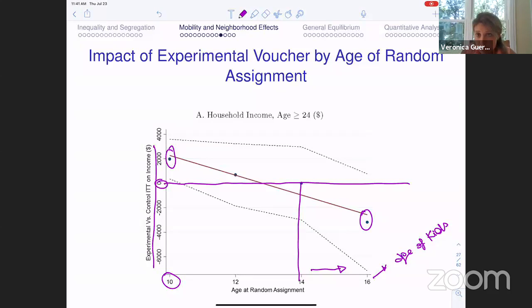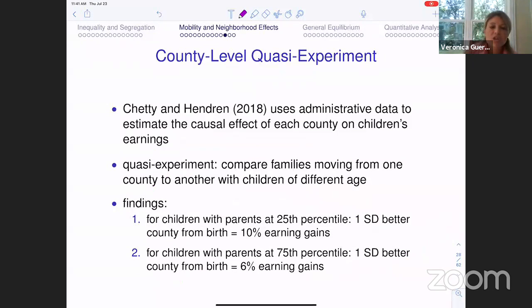So in order to have a broader, more reliable and robust measure of these neighborhood effects, what Chetty and Hendren did is run what we can call a quasi-experiment, where they exploit, again, administrative data and look at movers across counties.